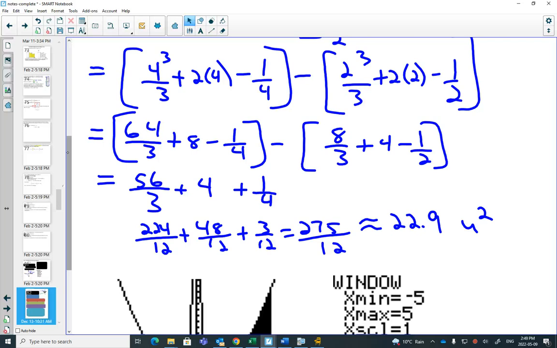Yeah, I can plug it in here and then you can charge it. So that'll be 4 cubed is 64. Did you write 48?